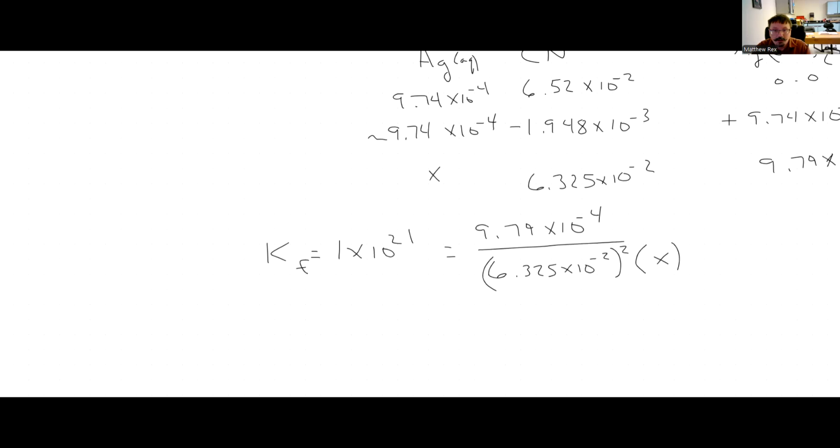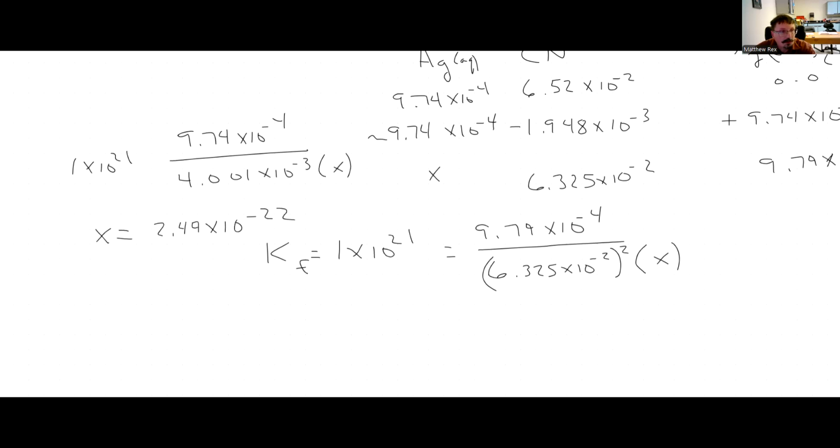6.325 times 10 to the negative 2, squared. Okay, 9.74 times 10 to the negative 4 divided by that, divided by 1 times 10 to the 21, and X should be equal to 2.44 times 10 to the negative 22.